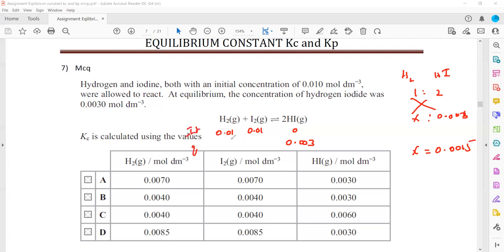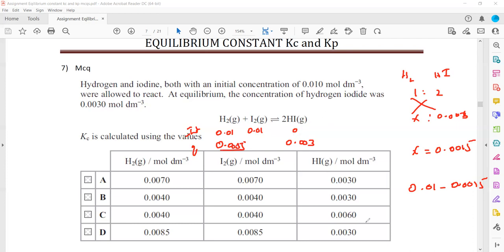So at equilibrium, we subtract: 0.01 minus 0.0015, that will give us 0.0085. So this is the concentration of hydrogen we should use.